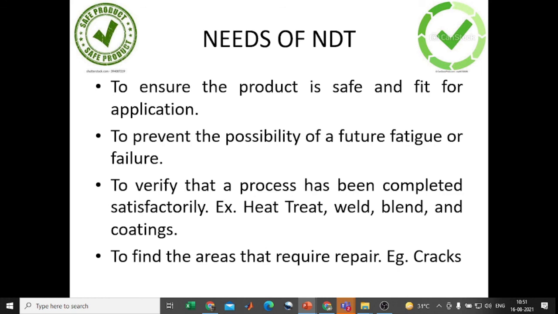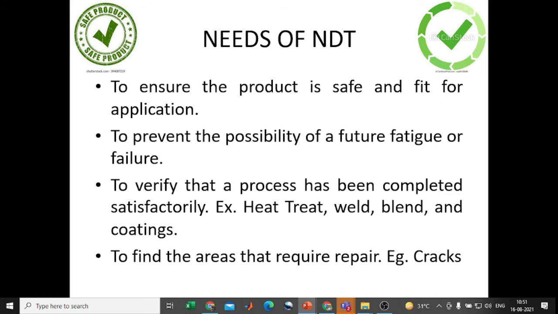With the aid of non-destructive testing, we can easily examine and identify this. After that, it is used to verify that a process has been completed satisfactorily. For example, heat treatment, or that the weld is completed and the penetration is carried out during the welding in the perfect manner.